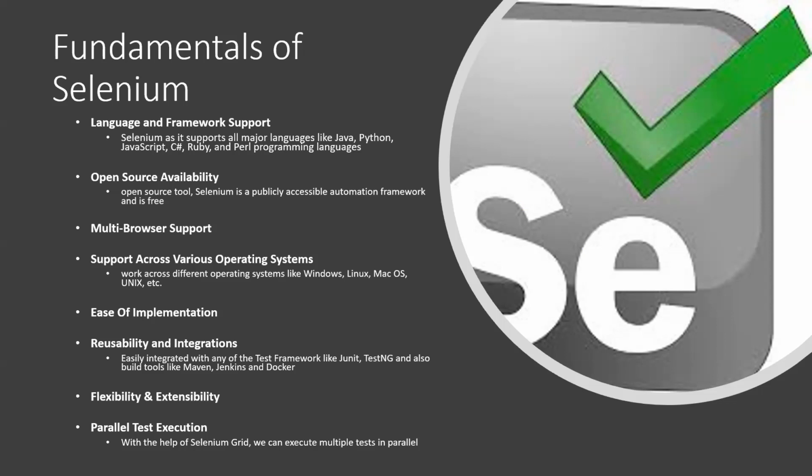The next is open source availability. There is a huge forum. The Selenium community is there to help us with any solutions, technical feasibility checks, or any technical things. If you want to try something out, the huge community is available, it is open source, and everything is active.